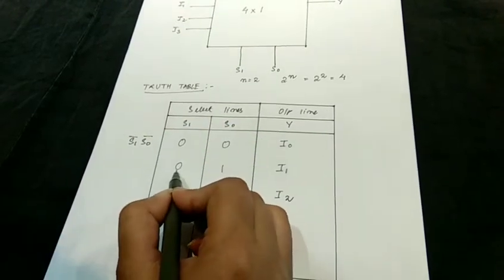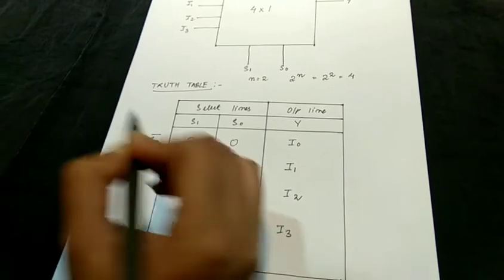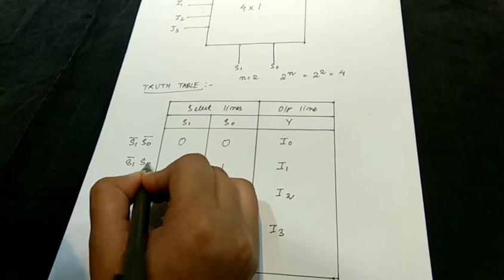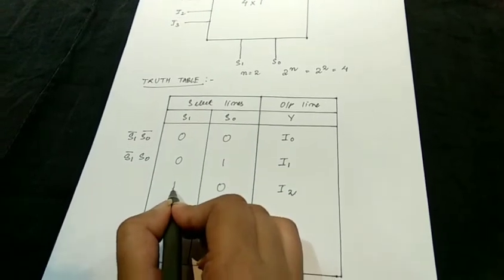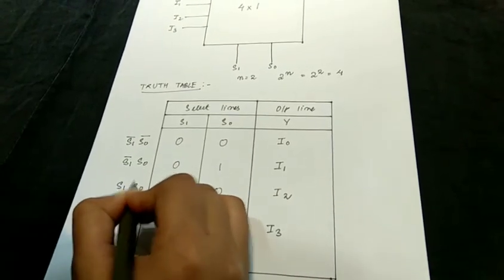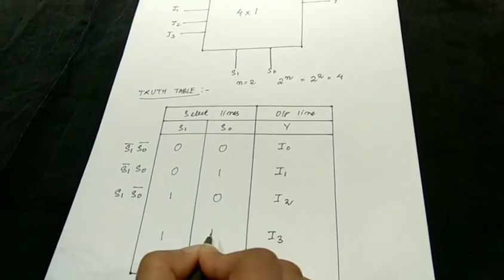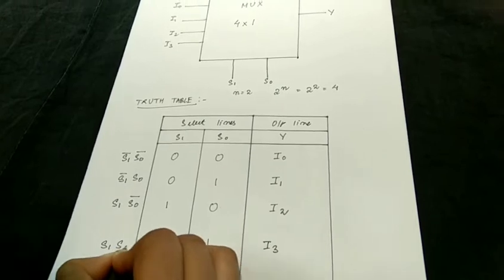For the second combination of S1 and S0, it will be S1 complement as it is 0 and S0 as it is 1. Similarly, for the third combination, the condition will be S1, S0 complement, and for the last combination of S1 and S0, the condition will be S1 and S0.